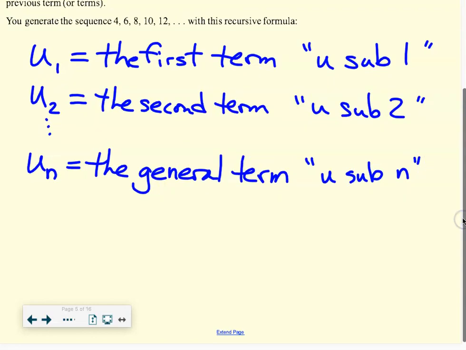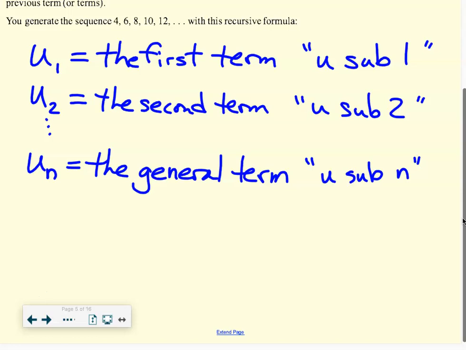All right, and now we're going to talk about recursive formulas. If we have to write a formula for a sequence, and the formula is going to be recursive, a recursive formula is a formula where you write what to do based on the prior term, or the previous term.